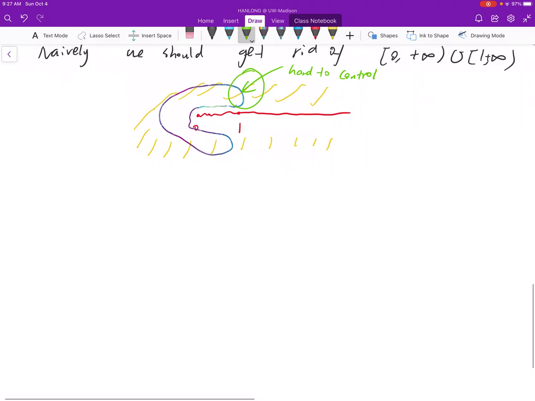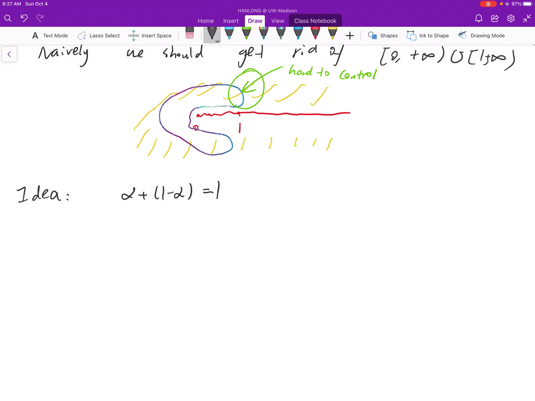So the idea to overcome this is you note that alpha plus 1 minus alpha is 1.